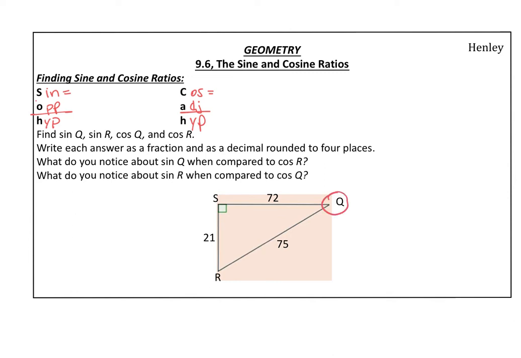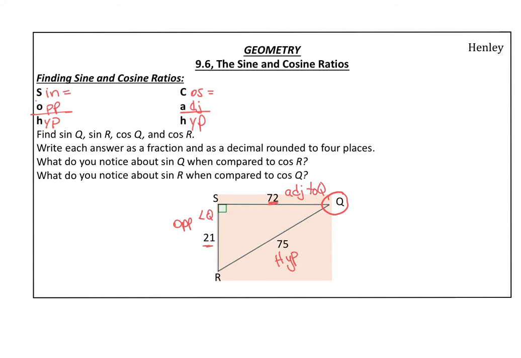Here we have Q. The opposite of angle Q is 21, and the adjacent to Q is 72. The hypotenuse is 75.